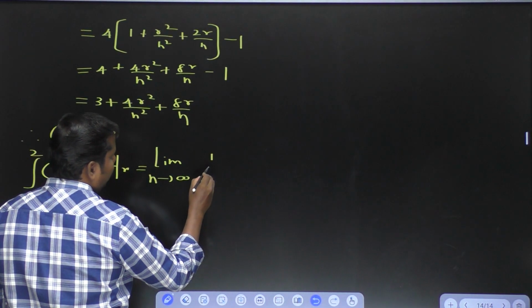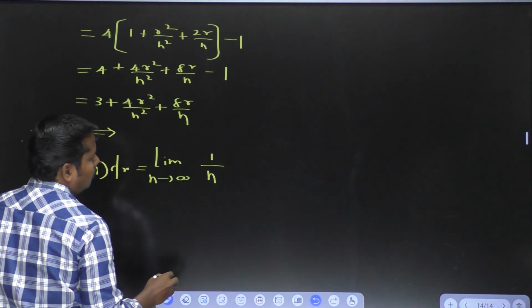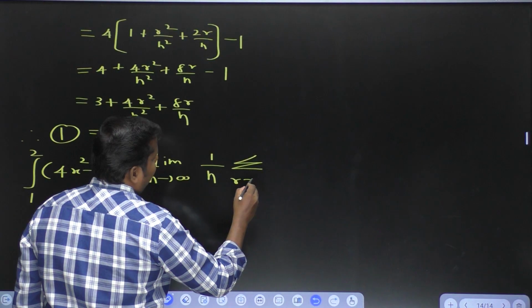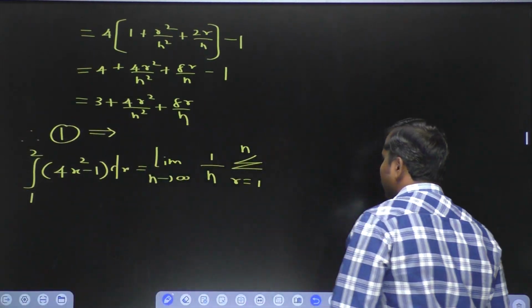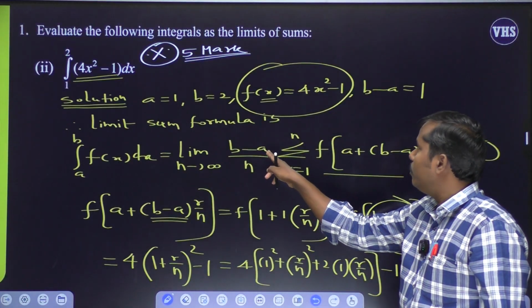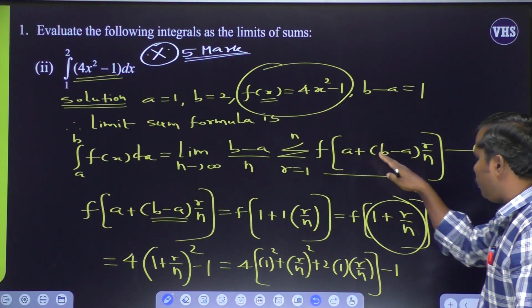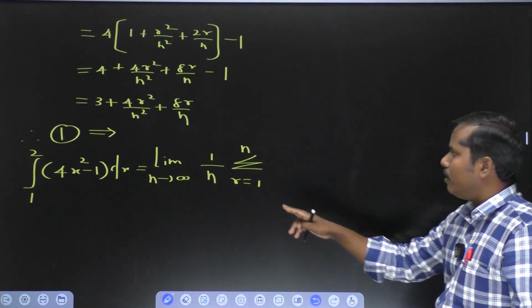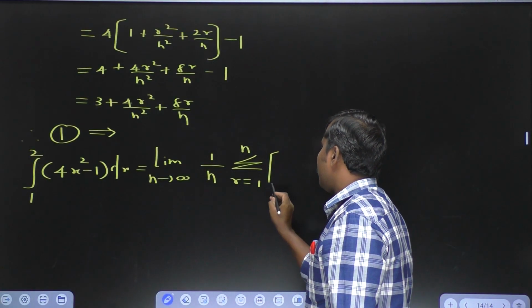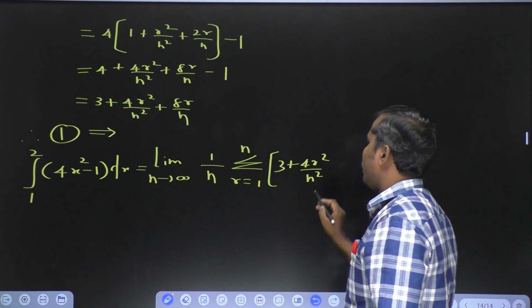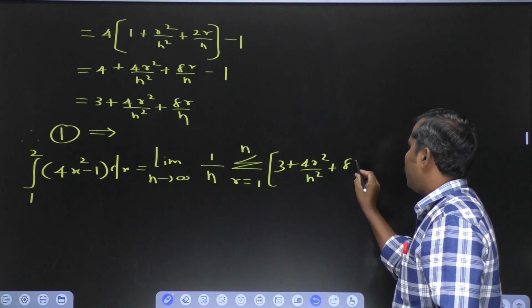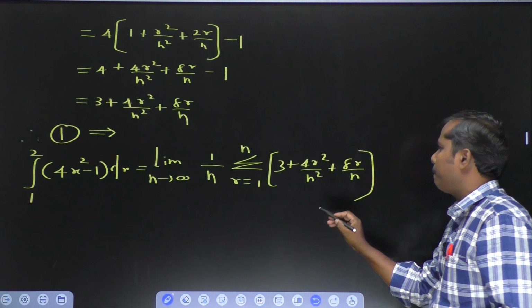What is our b minus a? 1 by n. Summation r equal to 1 to n, function value. You see the formula? b minus a, 1 by n, summation function value. We got it there. What is the function value? We just substitute 3 plus 4r squared by n squared plus 8r by n.